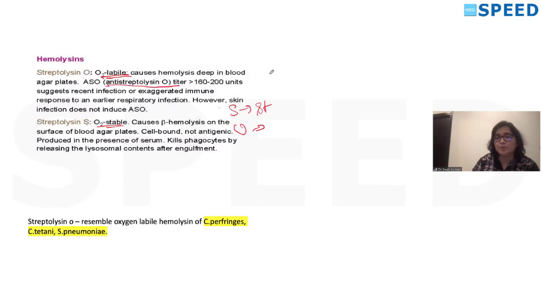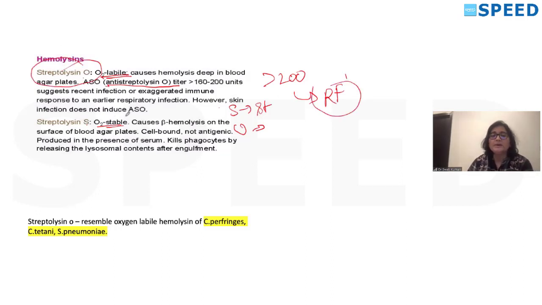We check if it's more than 200. It gives a clue towards rheumatic fever. So the ASO titer, the streptolysin O titer, we check for rheumatic fever, rheumatic heart disease. Then streptolysin S, which is stable.